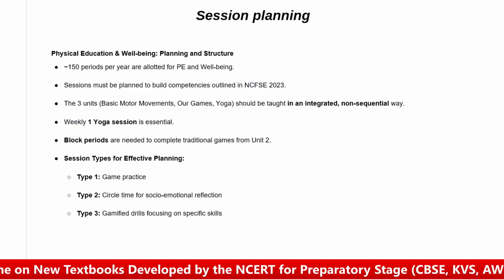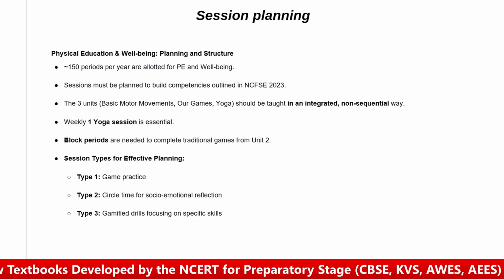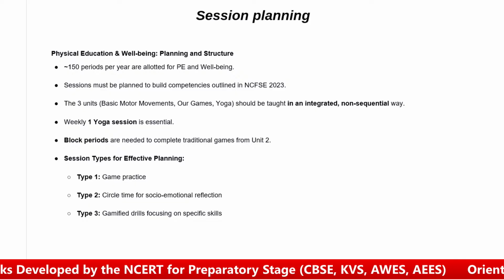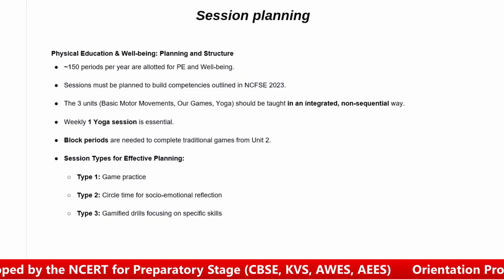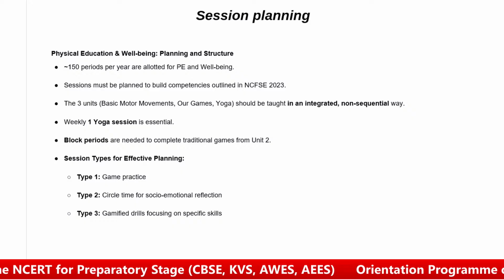So what we have tried to introduce in circle time is that after completion of either your 40-minute period or your 80-minute period, the kids, the players, the students, the teachers, or all the stakeholders in that activity sit together; they are equal.